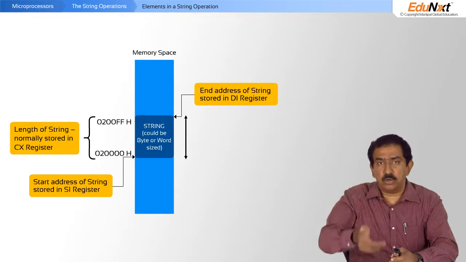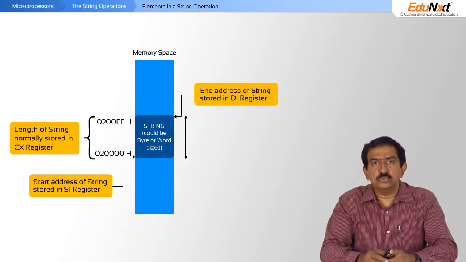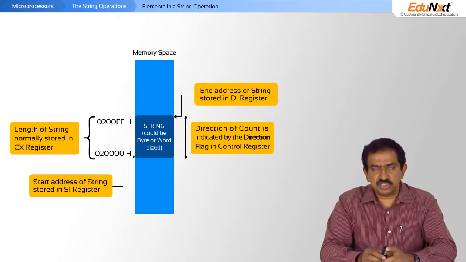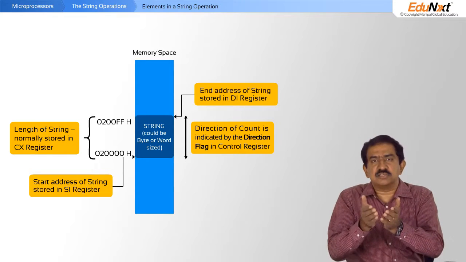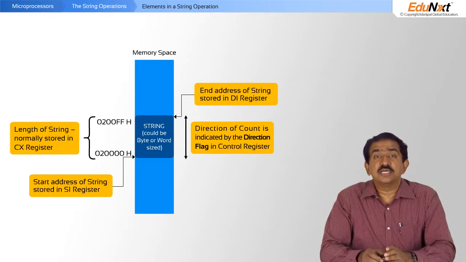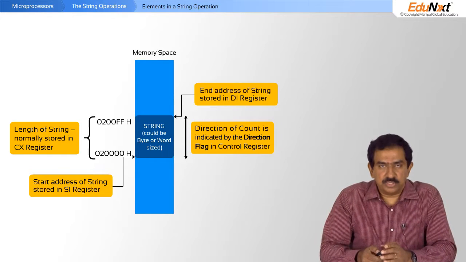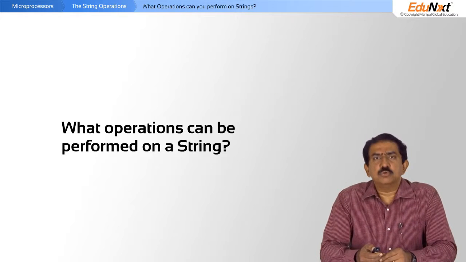So you can go up and down in the string. And to tell the processor what direction you're going to use, you use something called a direction flag. The direction flag is a bit within the processor that indicates what direction the count is going, upwards or downwards.